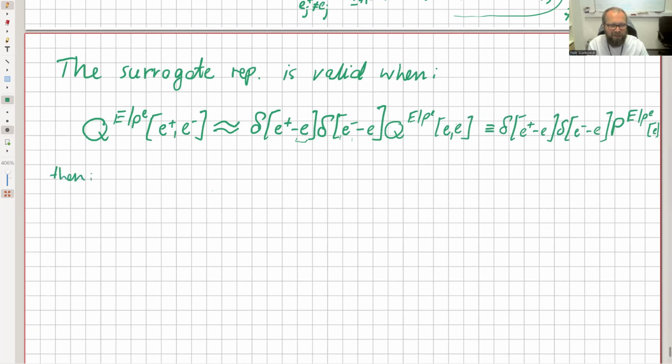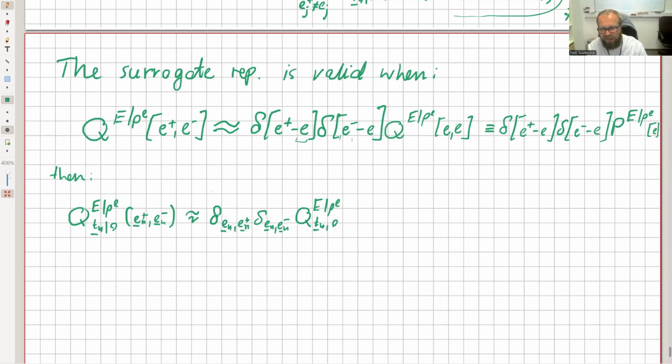Then if you take a discrete restriction, only the diagonal parts will survive, E_n plus and minus, Q_E rho_E, E_n E_n.